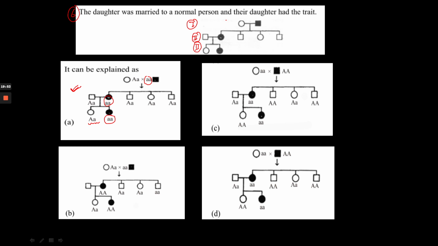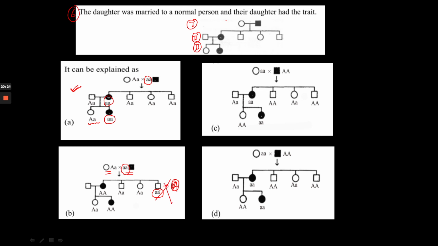So let us move ahead with B. In the case of B, the unaffected one is shown as heterozygous, and the affected is shown as homozygous. And in the children, since the homozygous recessive condition shows the disease, this individual has to be affected, but it is not affected.